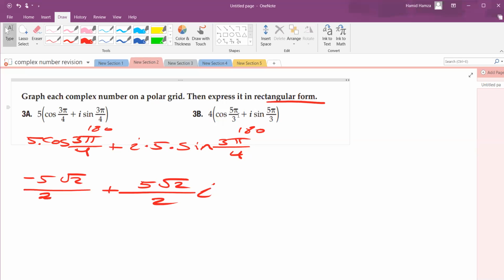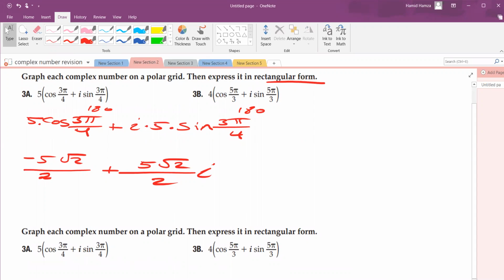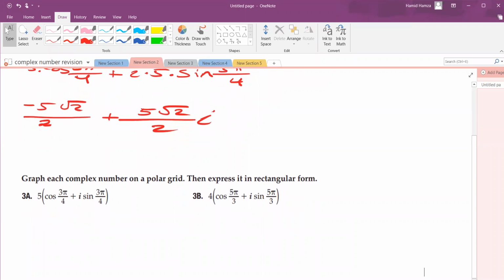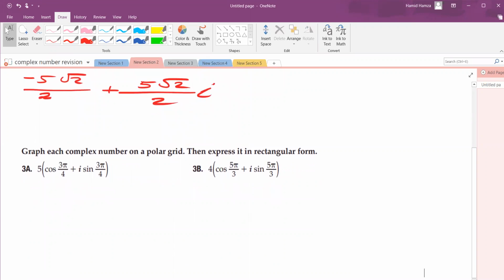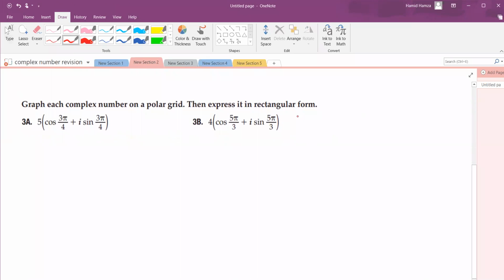So let me take this one and cut it down here. Okay, now we wanted to solve the second one. Now I want you to solve this one, guys, and send me the answer.